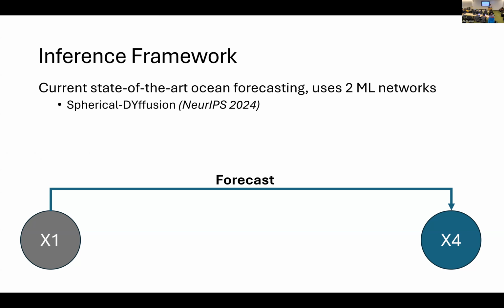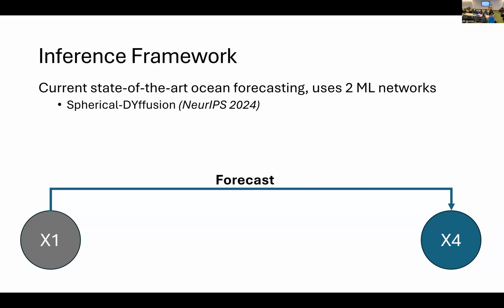And by stability, what I mean is, for example, if you train a machine learning model to predict 1 year in the future, if you want to predict 100 years, you would use this autoregressively, which is you predict 1 year, take the output, use it as the next input to predict the second year and so on. However, this leads to an accumulation of errors. And usually what happens is if you do this for long enough, you get impossible conditions such as the ocean boiling or things like that.